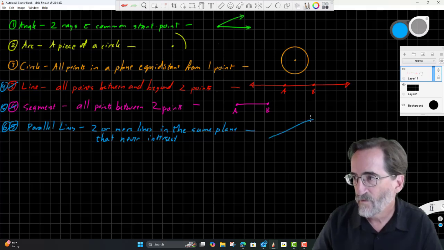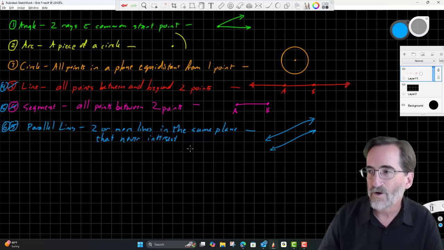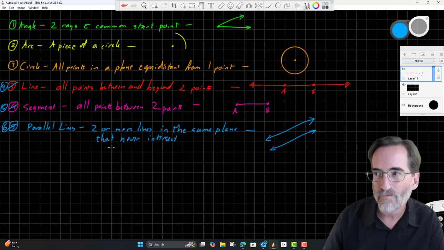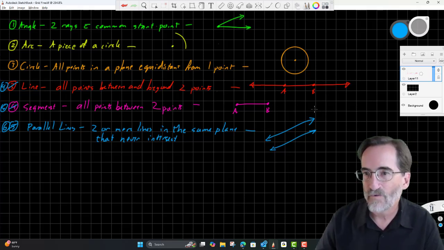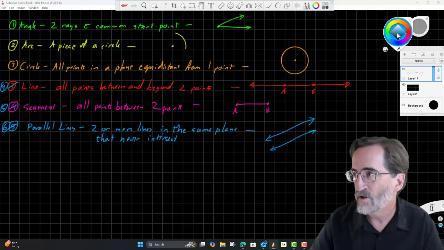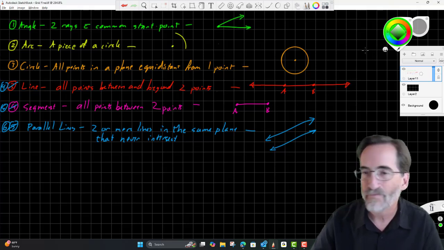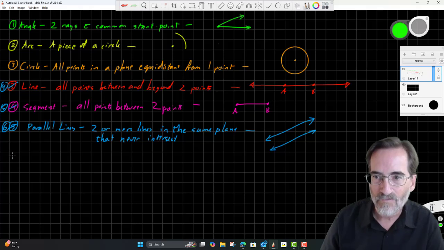Example: lines have arrows going forever. I haven't drawn them very straight. I suppose if I wanted to be more accurate, I'd use a straight edge to draw it. But note that they appear to be the same distance apart and remain the same distance apart for their entire duration, which is forever.